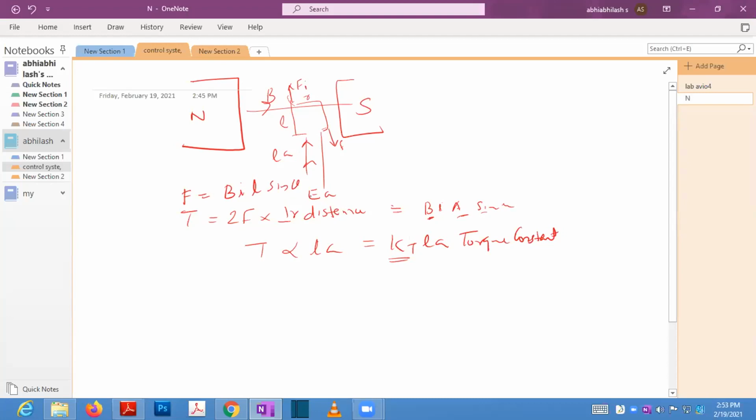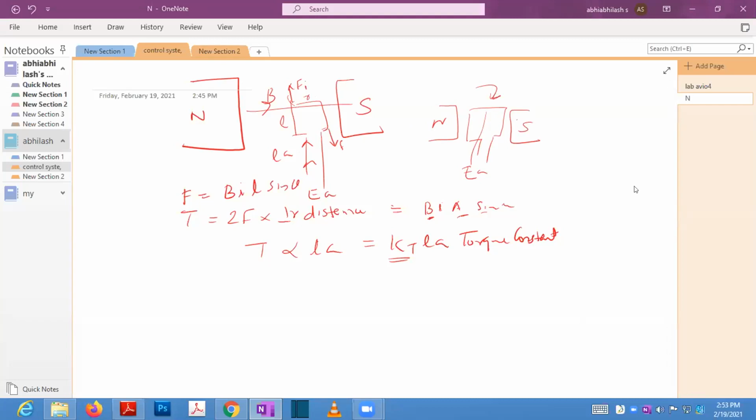Now we applied Ea, so current is flowing and the conductor is rotating in a magnetic field, rotating about this axis. What will happen? Back EMF will be generated.